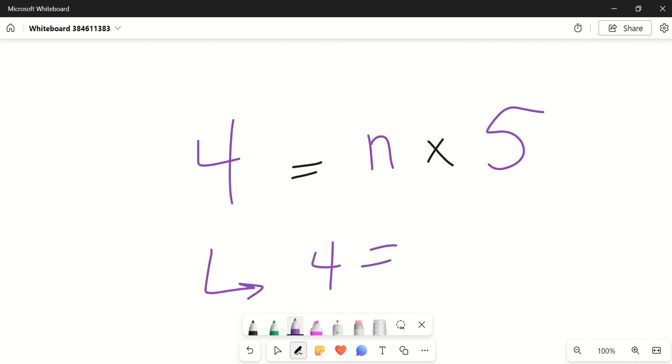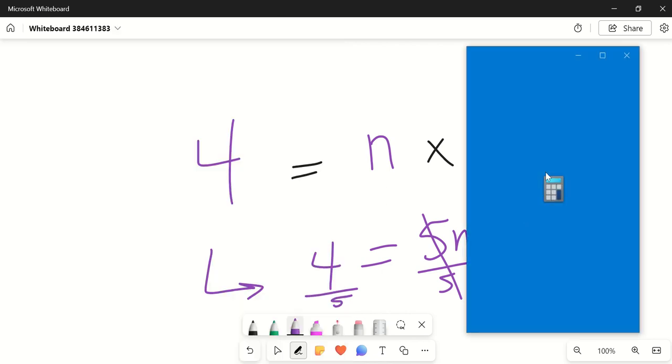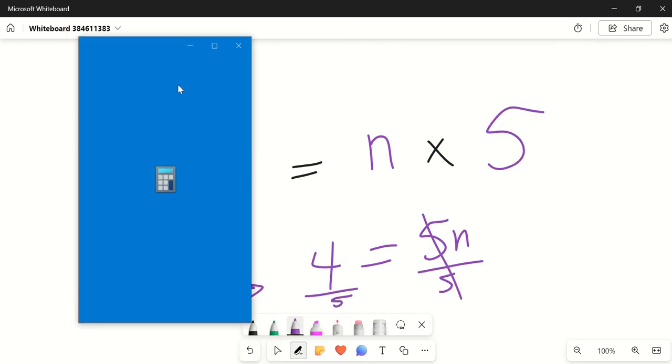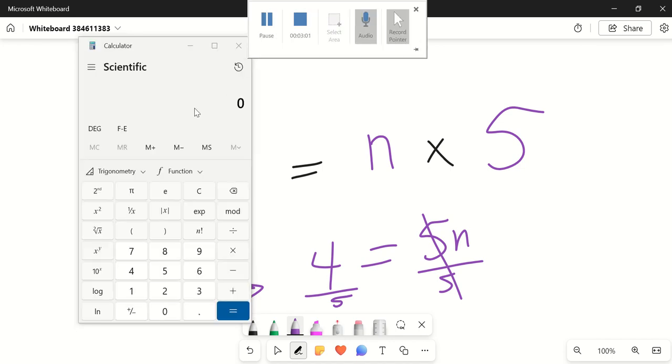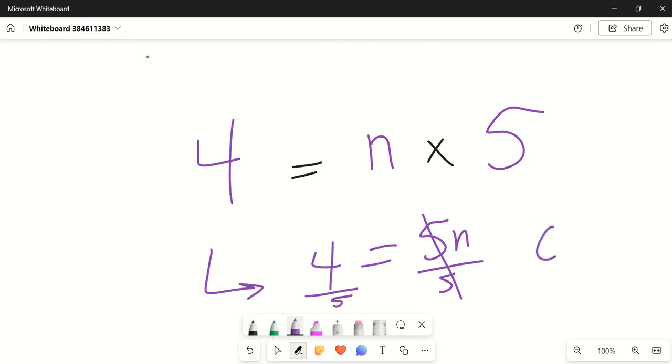This would bring us to 4 equals 5 times n, and we divide both sides by 5. 4 divided by 5, if we plug it into a calculator, there we go. So 4 divided by 5 would give me 0.8.